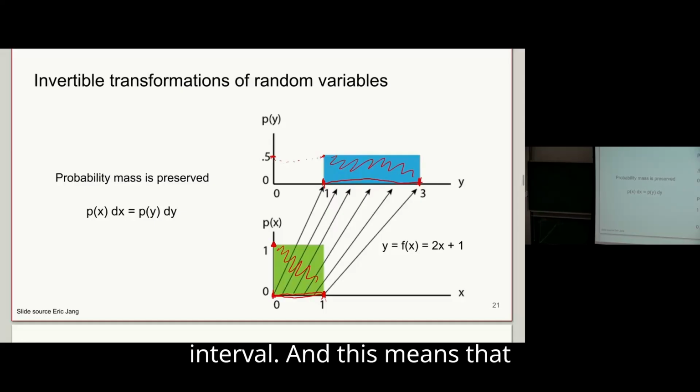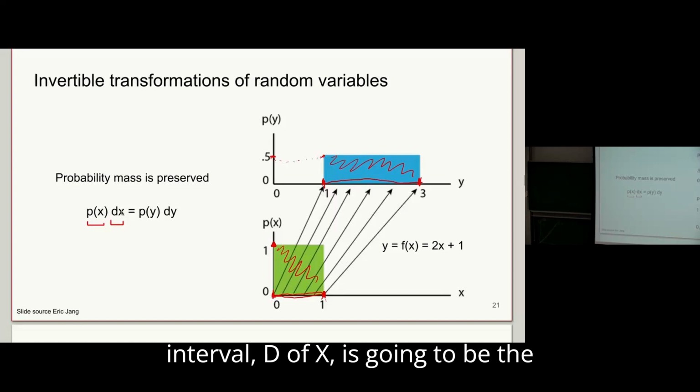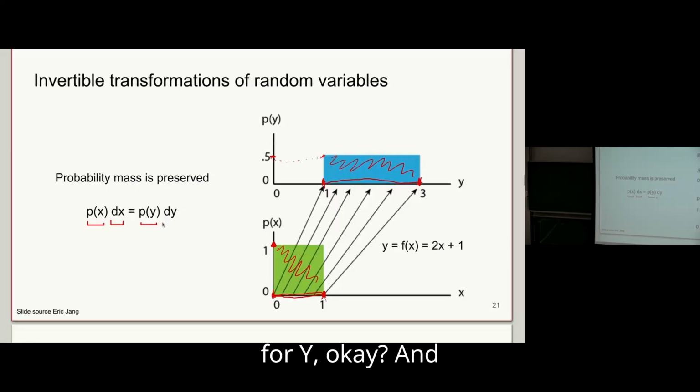And this means that if I have a very small interval, dx, times my Gaussian density, the probability mass of falling in this interval dx is going to be the product of the density times the interval, and the same thing should hold for y, okay?